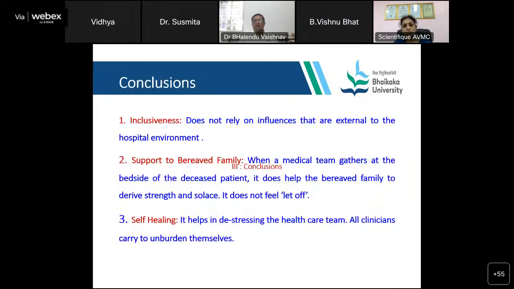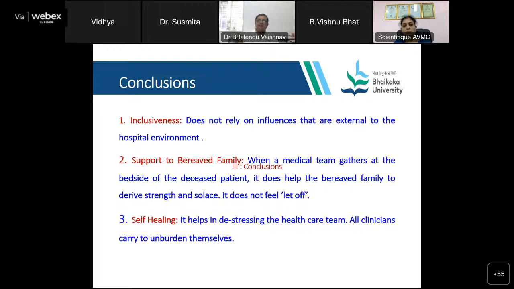Now, conclusions. What have we learned? Number one is inclusiveness. We could have appointed a pastor or some Maharaj to do this for any death occurring in our hospital.